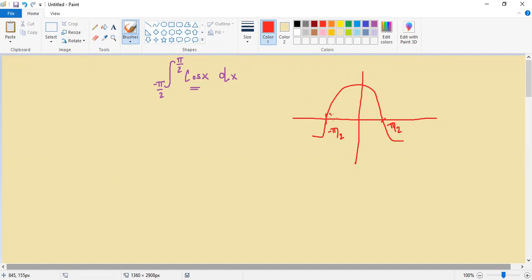So really, it's asking us for the area under the curve on this particular interval. You can think of this as the area of simply this part of the cosine graph, from negative pi over 2 to pi over 2.